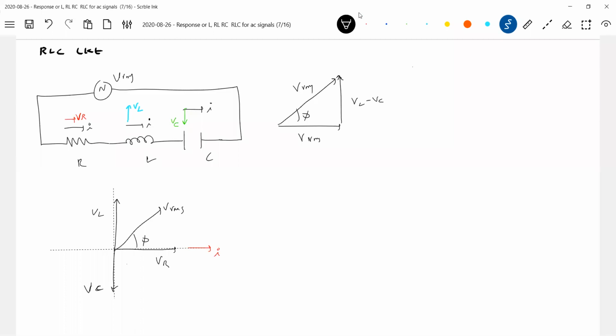Now VRMS square equals VL minus VC whole square. Try to see this: VL minus VC whole square, not VL square minus VC square. VL minus VC is the resultant. Ohm's law, IRMS into XL.